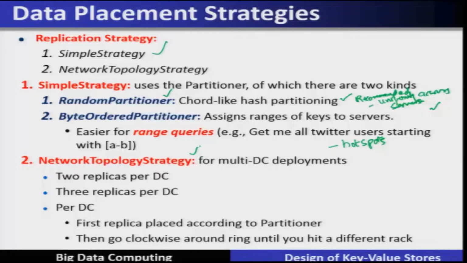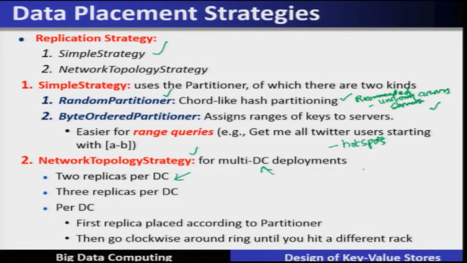Network topology strategy for data placement considers multiple data center deployments. For example, network topology strategy will use 2 replicas per data center.